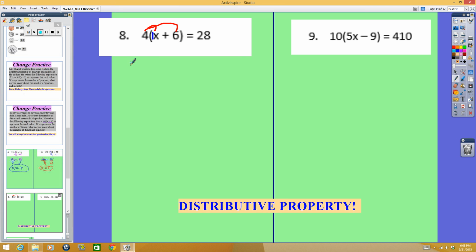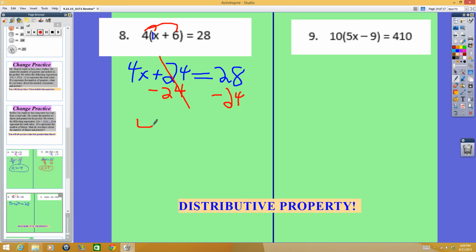So 4 times 1x is going to give me 4x plus 4 times 6 gives me 24. I didn't do anything with that side, so I just rewrote it. This plus 24, I can get rid of by doing the opposite, which is minus 24. And this looks a little weird. I got 4x equals 28 minus 24.